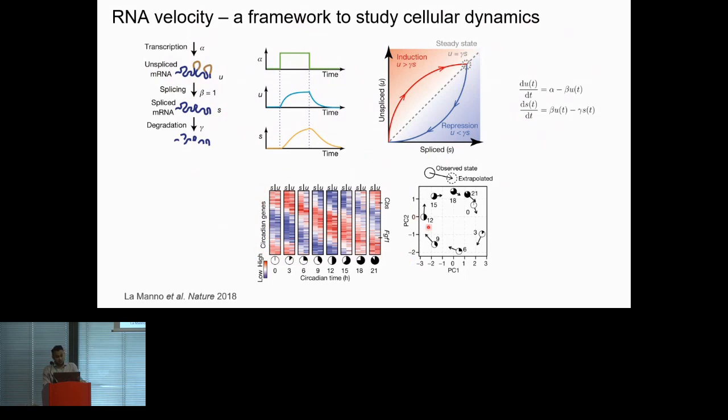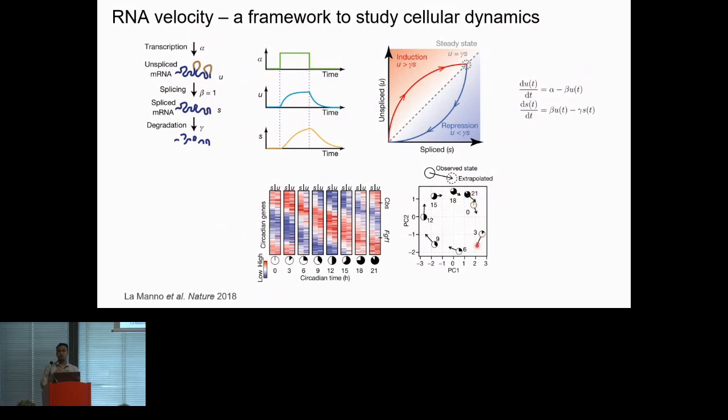So now if we do a dimensionality reduction and plot this on a PCA map, we can see that they nicely follow this circular trajectory. We can also solve this system of ODEs for all these genes and get alpha, gamma, and beta. And using the current state, because this is a dynamical system, you can predict the future state. That's what's depicted by these arrows here.